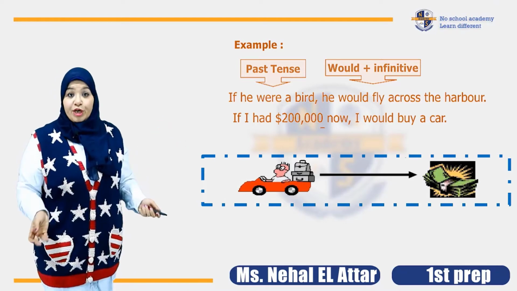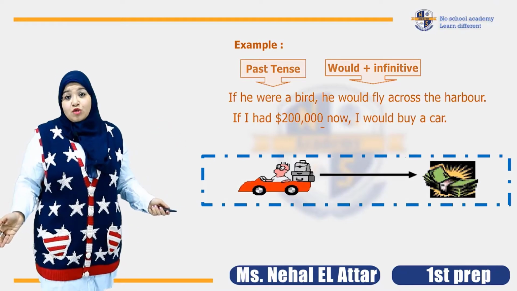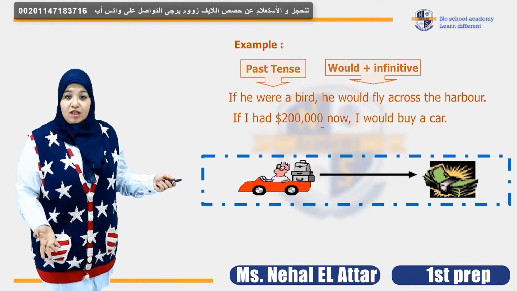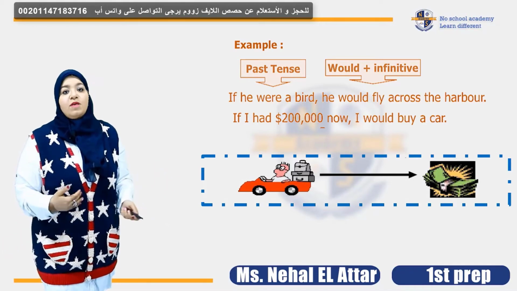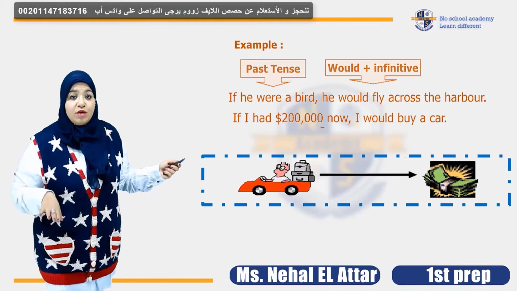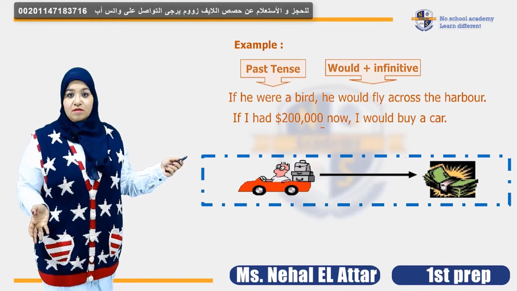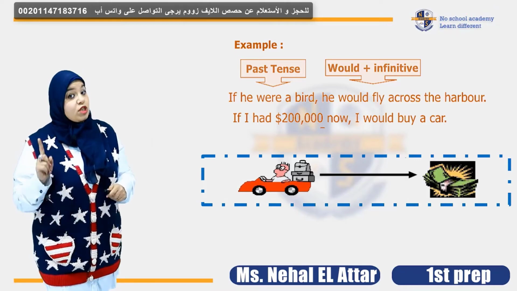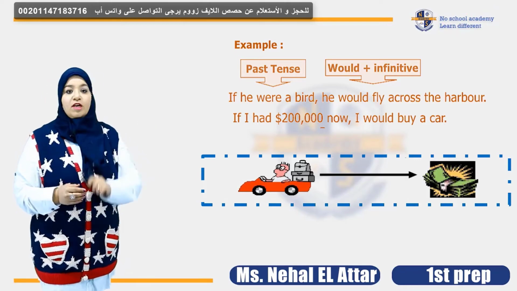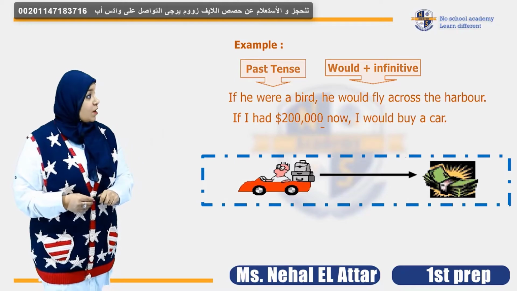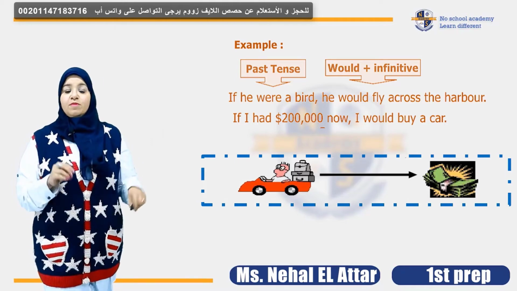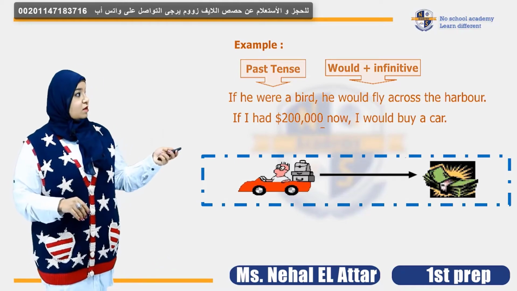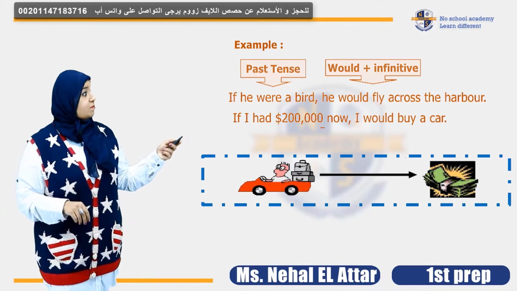If he were a bird, something imaginary, it's not true, okay? Unlikely to happen, contrary. Contrary means opposite to the current situation, to the fact. If he were a bird, he would fly over the harbor, the place where ships and boats stand still, okay?